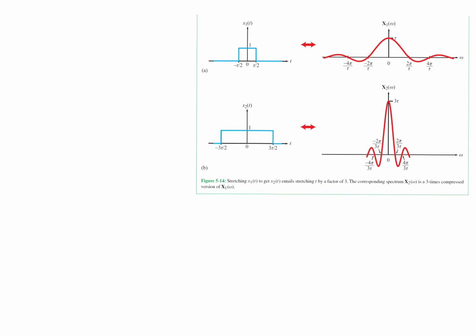Here we have figure 5-14 from the textbook, and we have two rectangular pulses, and as we derived last time, when you take the Fourier transform of a rectangular pulse, you end up with a sinc. So I have x1 of t, a pulse with width tau centered at 0, so we would call that the rectangular function at t over tau.